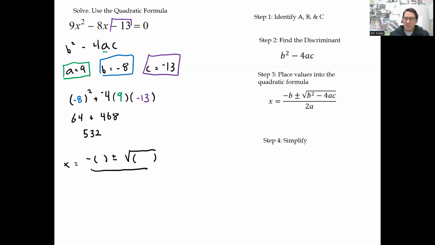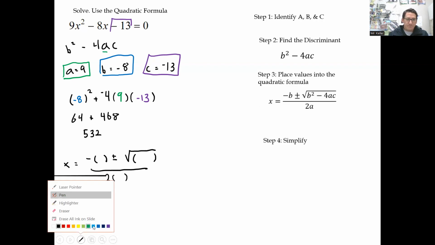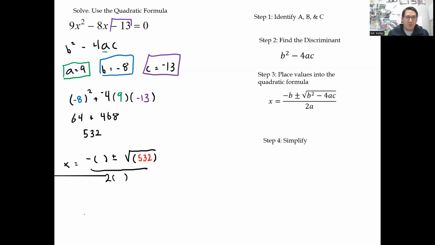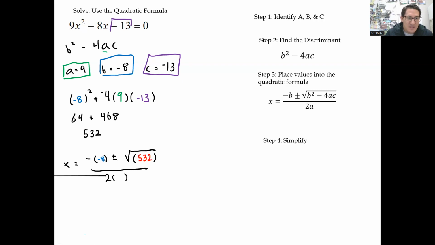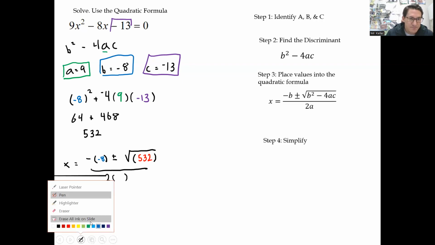The discriminant, the part underneath the radical, I already calculated, so I don't need to do it again. That is 532. B is going to be -8. And then a is 9 on the bottom.